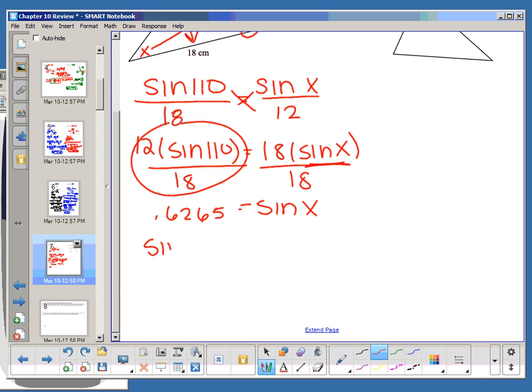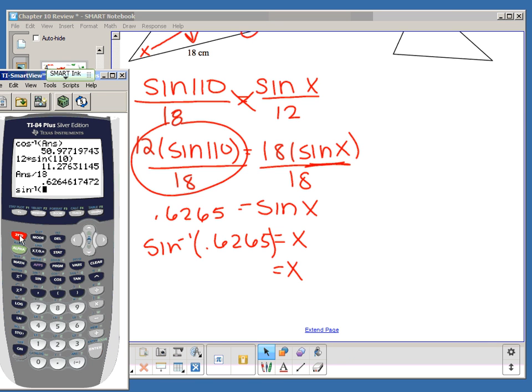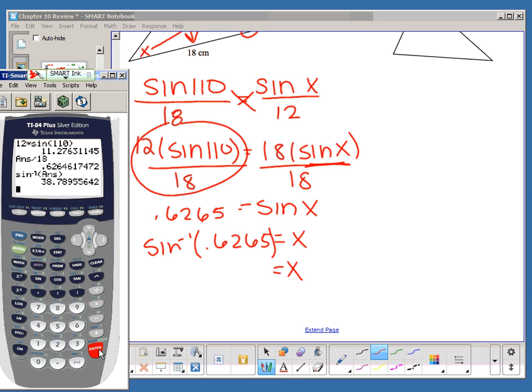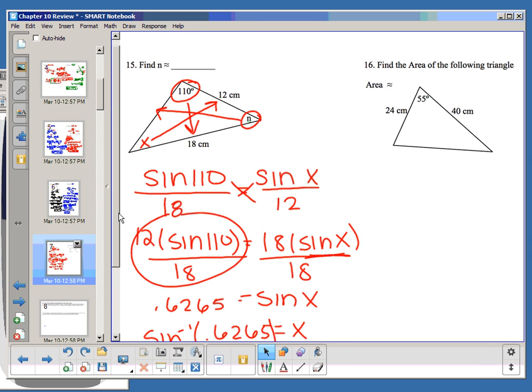So I'm going to do sine inverse in my calculator, 0.6265. And that's going to give me my angle. And my angle is 38.7. That's this angle, remember. So go back up and see what this is trying to find. This angle now is 38.7.